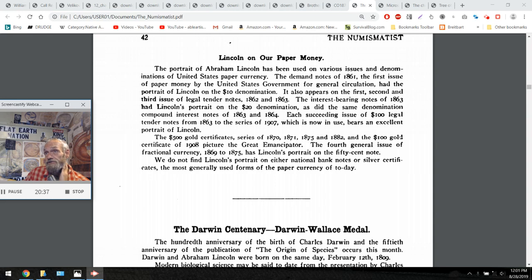How modest. It also appears on the first, second, and third issue of the legal tender notes, 1862 and 63. New money, new pictures, that's our guy. And it didn't take off, I guess, but they want to bring it back. Pictures of the great emancipator. Pump that up too. Do it.